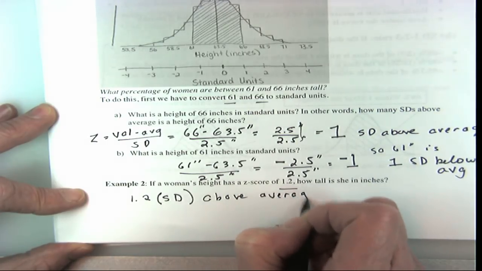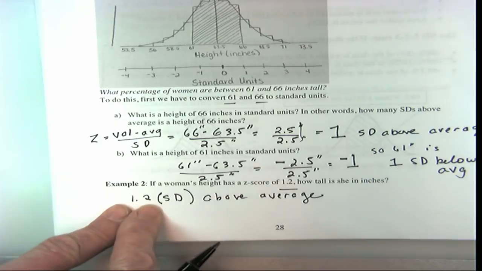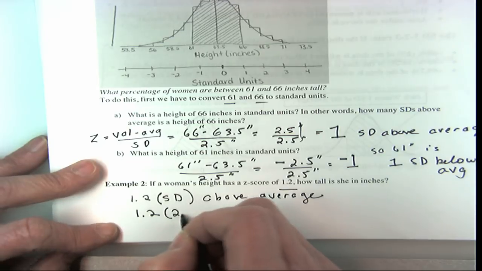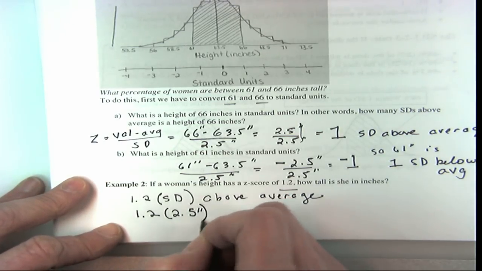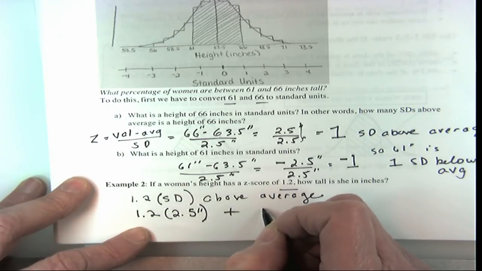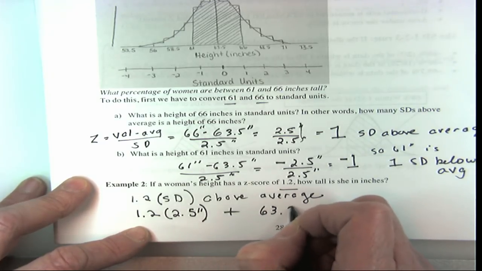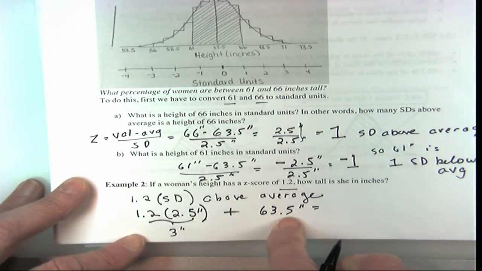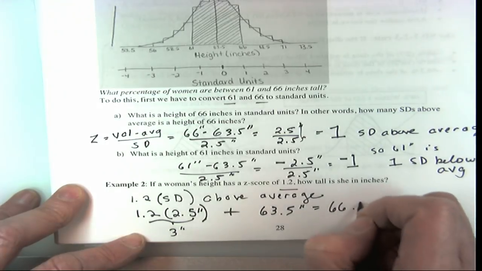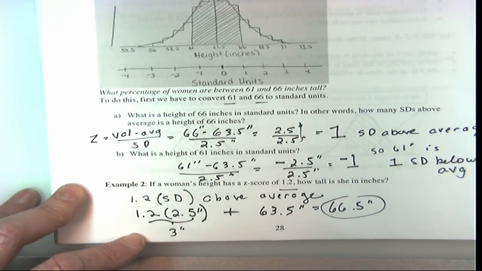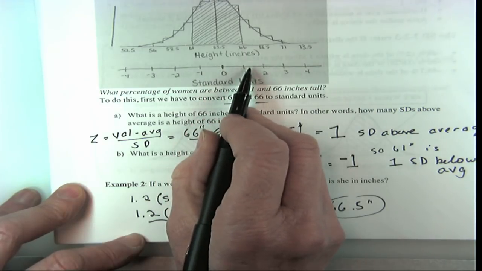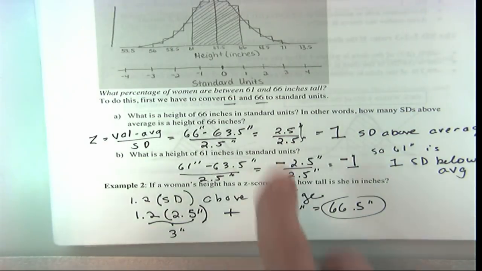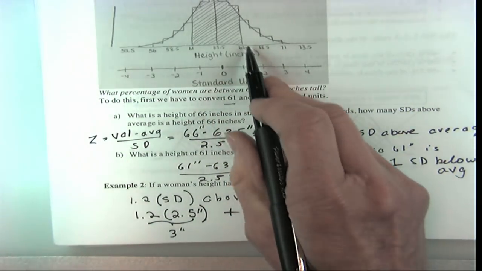So that's 1.2 times 2.5 inches, which is 3 inches, added to 63.5, which is 66.5 inches. Does that look about right? 1.2 is about there. It's 1 plus a fifth more.